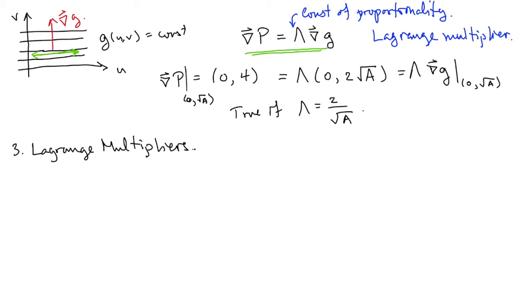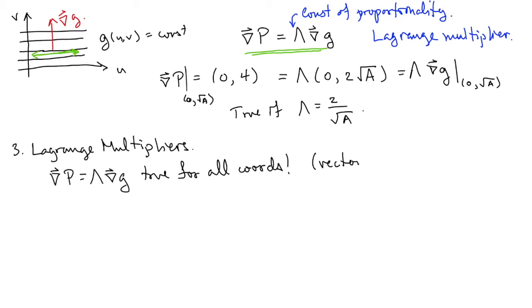We've already done most of the work, so this one's actually going to be quite fast. It's just recognizing that grad p equals lambda grad g has to be true for all coordinates, because it's a vector equation. So let's do it in x and y directly.